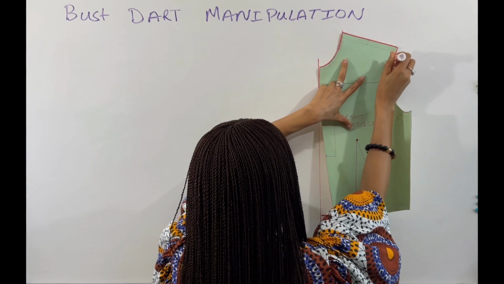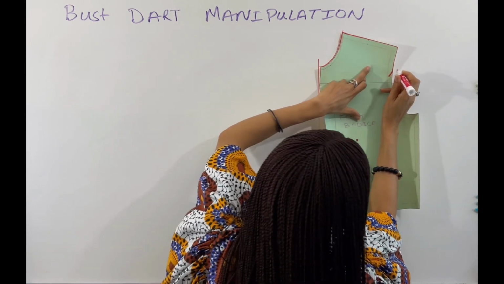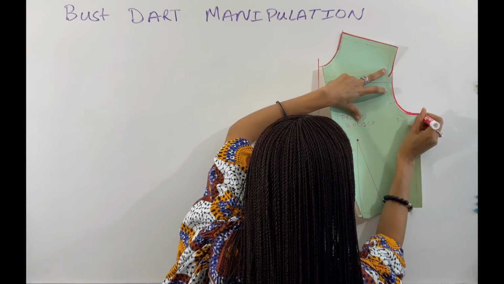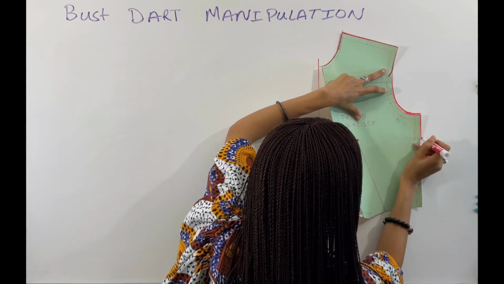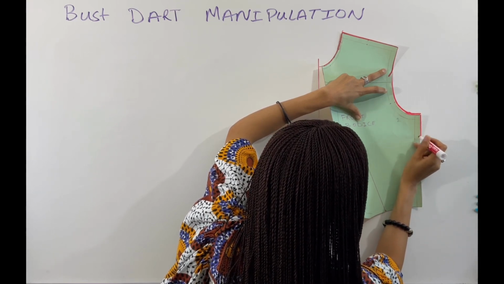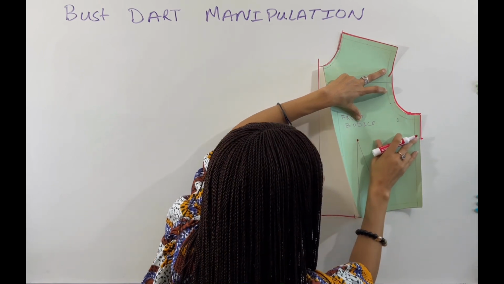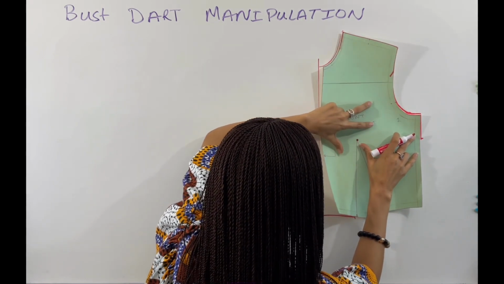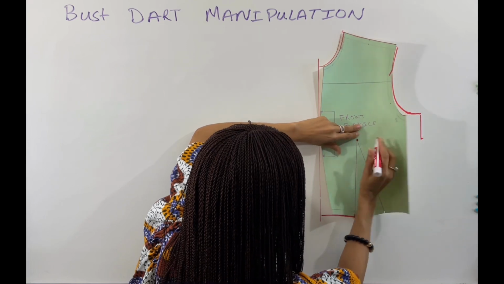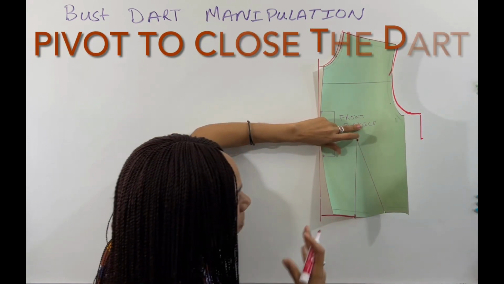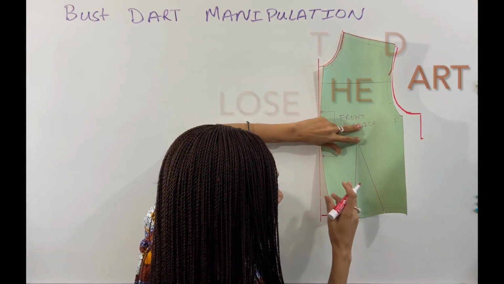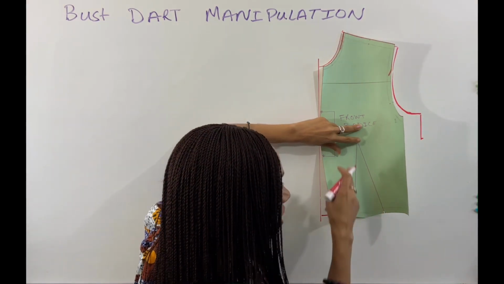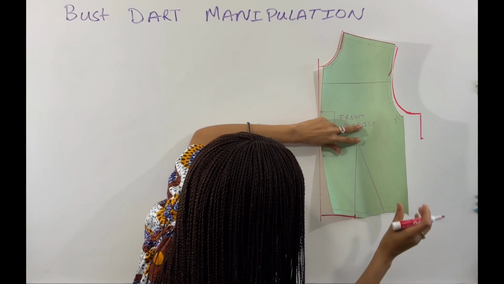I'm going to come down, and I'm going to also trace along the armhole to 2 inches below the armhole at the side seam. So I have my 2-inch mark there. And then what you're going to do, you're going to pivot. So because I'm illustrating on the whiteboard, I can't put a thumbtack here, but you would put your thumbtack there and you would pivot.